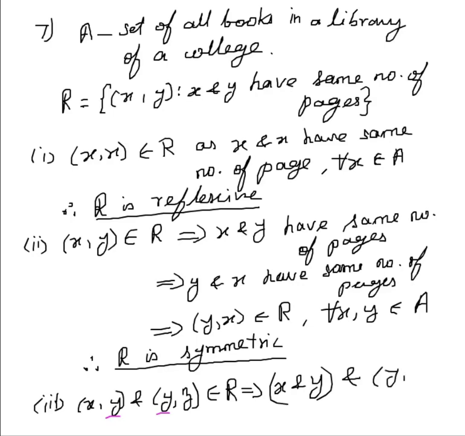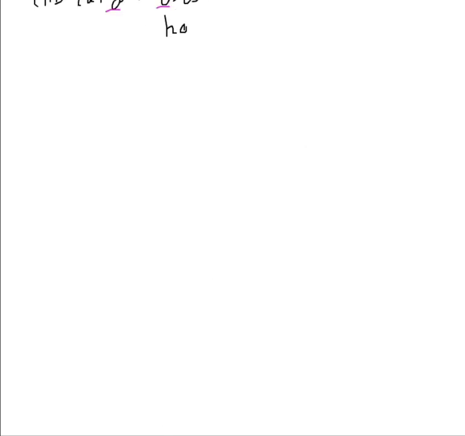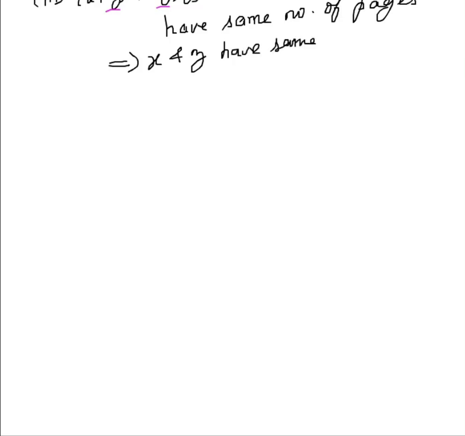Similarly, y and z also have same number of pages. So if x and y are having same number of pages and y and z are also having same number of pages, which implies x and z have same number of pages.